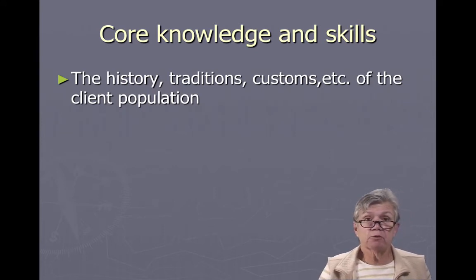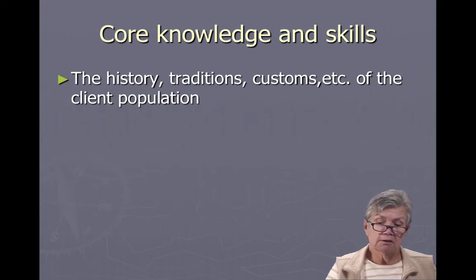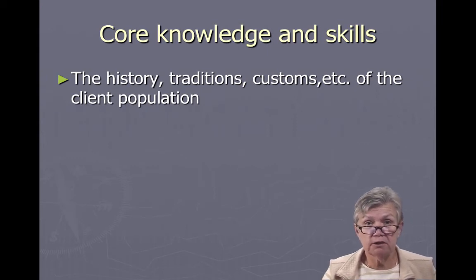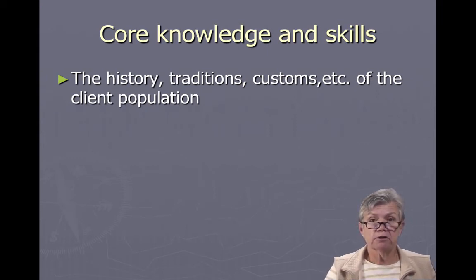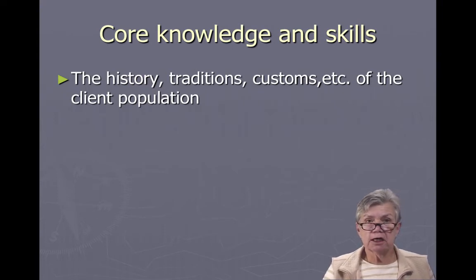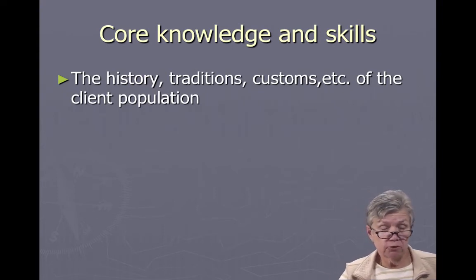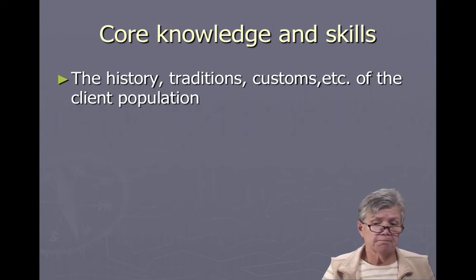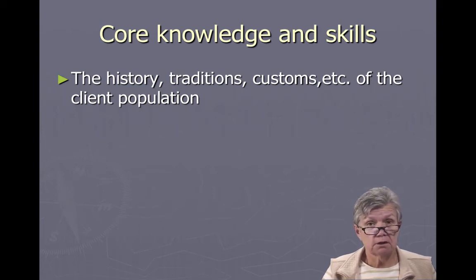In child welfare, we know that we've just finished a reparation study in Maine in 2013, 2014, because of all the children who were taken from their families. We need to understand, if we're in the child welfare system, for example, that history. And we need to know the current traditions and customs of, let's say, the Passamaquoddies.